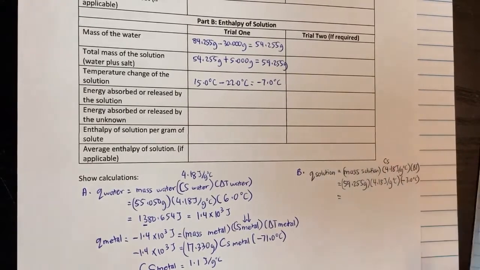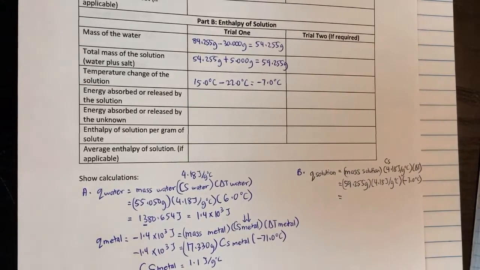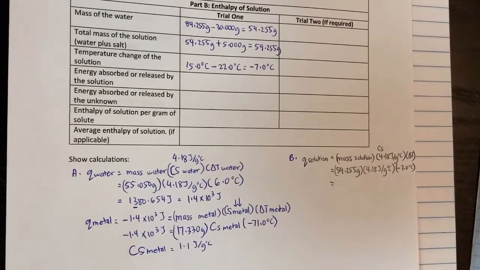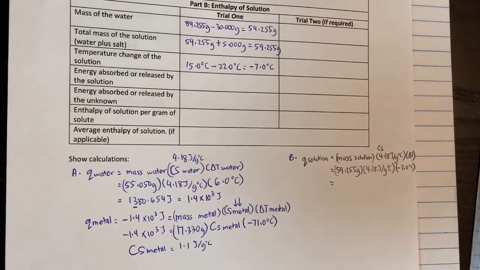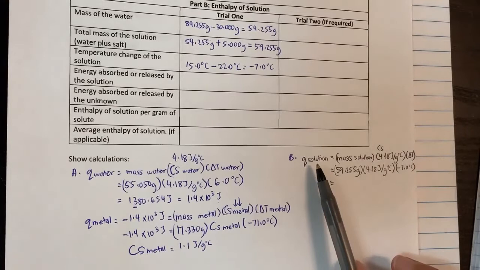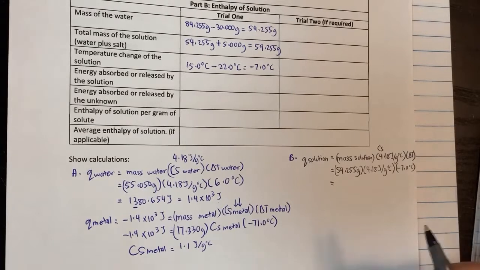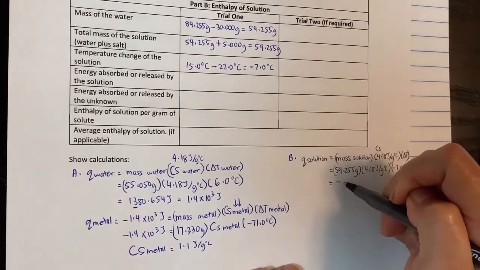This is why the value for the solution will be negative, and that means the value for the salt, the unknown itself, will be positive, because the solution and the salt are opposite numbers. Same number, opposite sign. So let's take 59.255 times 4.18 times negative 7.0, and I get a negative number.